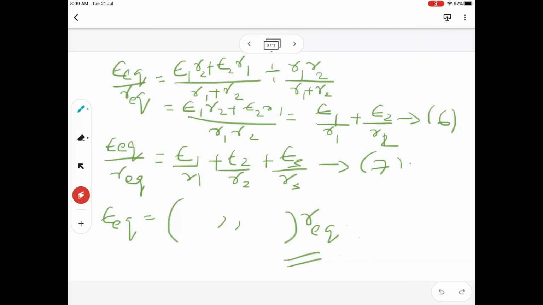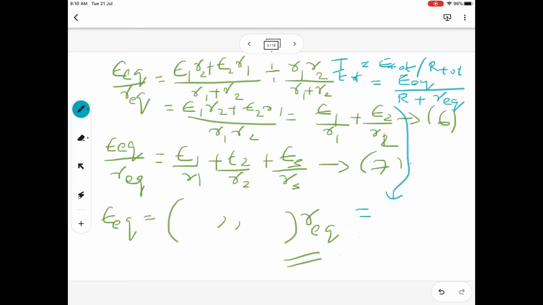Now we will write the current equation for the parallel combination alone. That comes to be E total by R total, so E equivalent divided by R plus R equivalent. Capital R here is the external resistor which is connected across the cells in parallel combination.